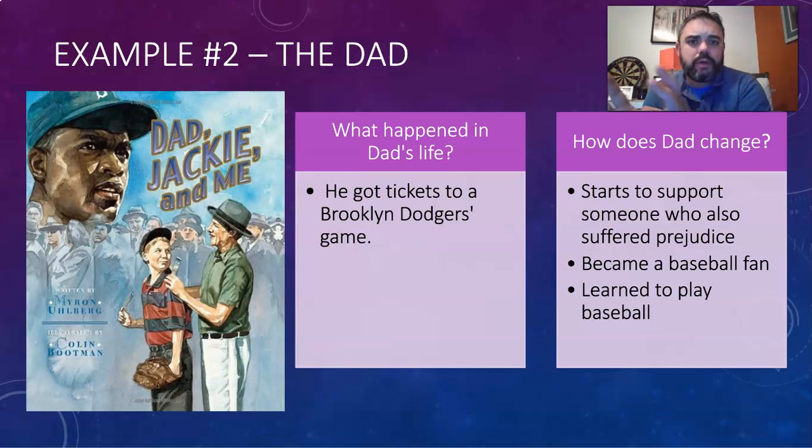As we talked about in our historical fiction unit before the holiday break, Jackie Robinson was the first African American player to play in the major leagues of professional baseball. He broke what was called the color barrier and endured lots and lots of racism and harsh treatment, just because he was different. So Dad starts to support someone that had a similar experience.